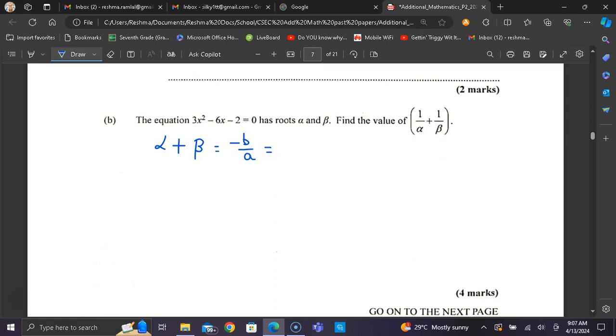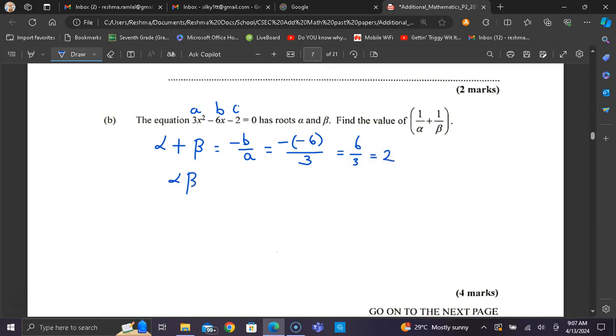Right, so let's look at the equation. a is equal to 3, b is equal to negative 6, and c is equal to negative 2. So minus b over a will be minus negative 6 over 3. So that's positive 6 over 3, which gives 2.